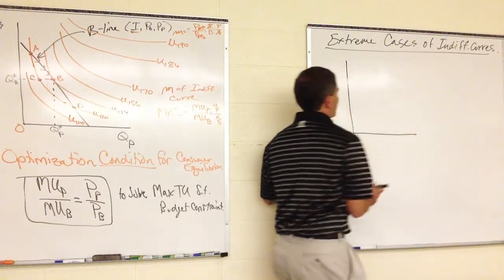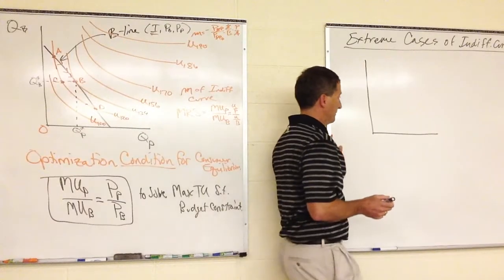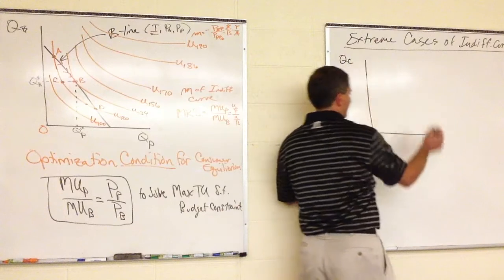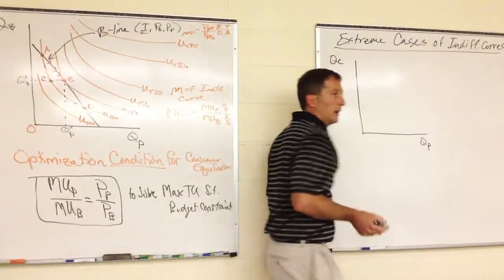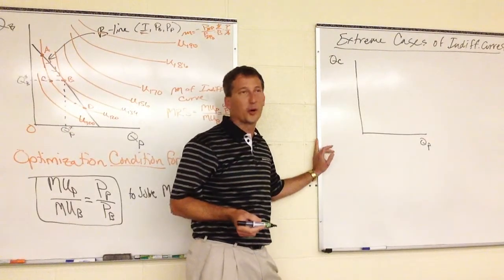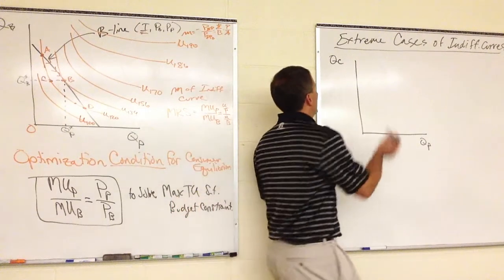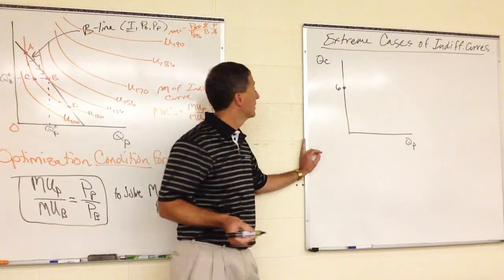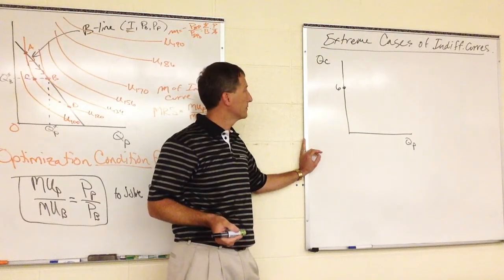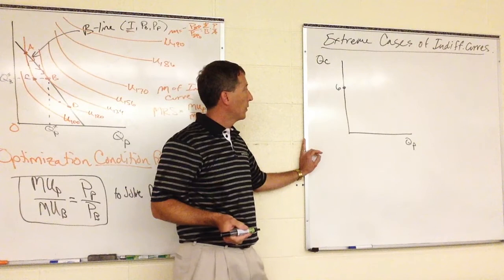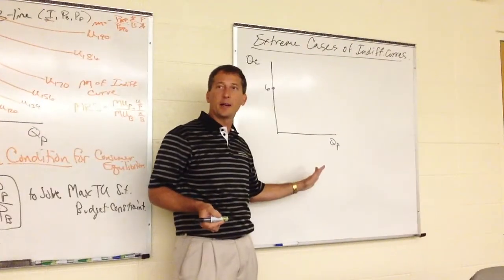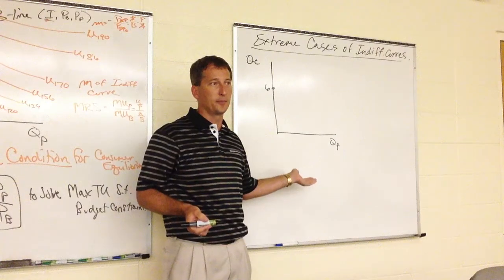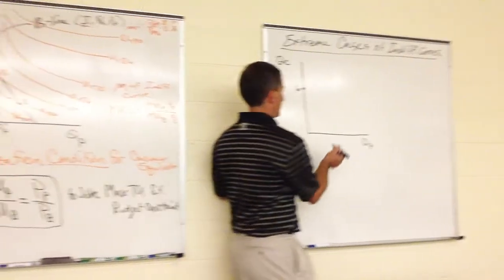So if Coke and Pepsi are, for Adam, perfect substitutes, and currently Adam has 6 cans of Coke, what other point would make Adam equally well off if they're perfect substitutes in consumption? 6 cans of Pepsi, right?